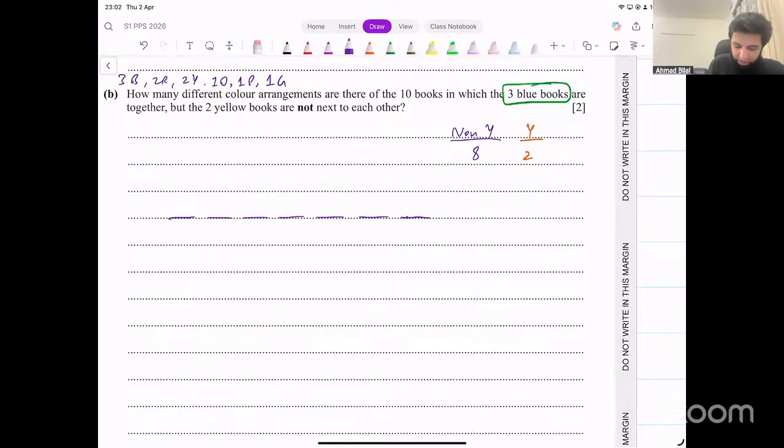We merge 3 dashes and we make one big dash here like this, in which we put the 3 blue books, B, B, B. And then the rest of them, they are going to be R, R, O, P, and G. Right? These are the other books, remaining books. Now the yellow books that should not be next to each other, they can come in the gaps between them now. These are the possible positions of the yellow books.